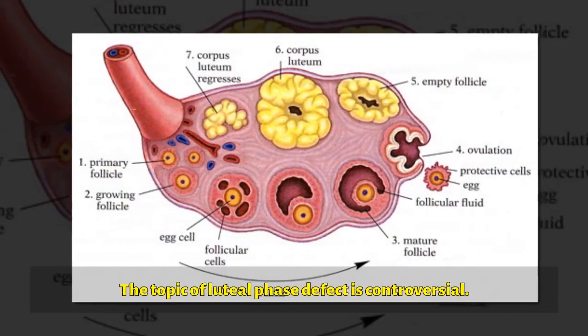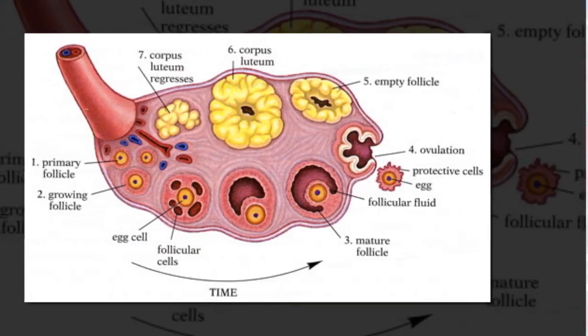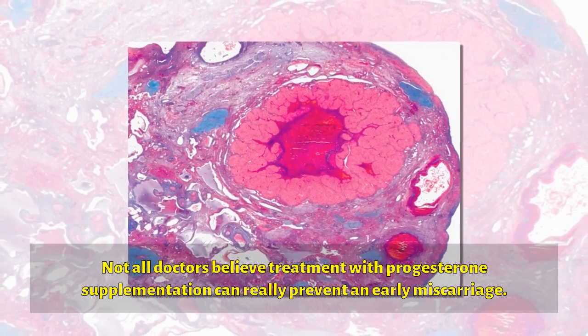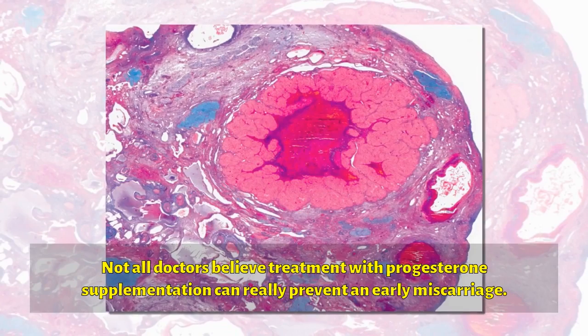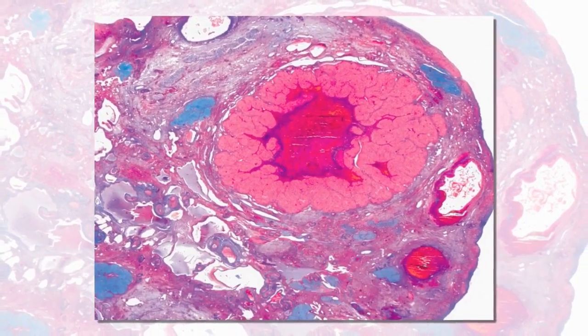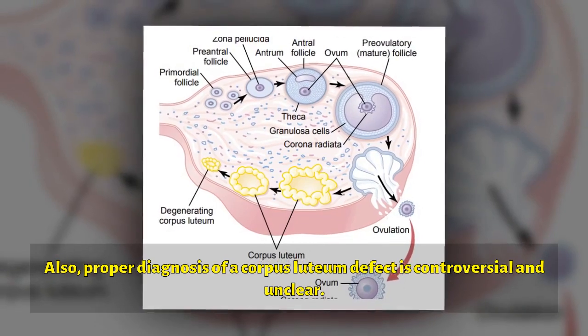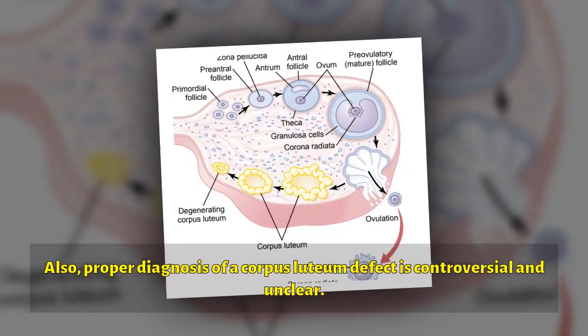The topic of luteal phase defect is controversial. Not all doctors believe treatment with progesterone supplementation can really prevent an early miscarriage. Also, proper diagnosis of a corpus luteum defect is controversial and unclear.